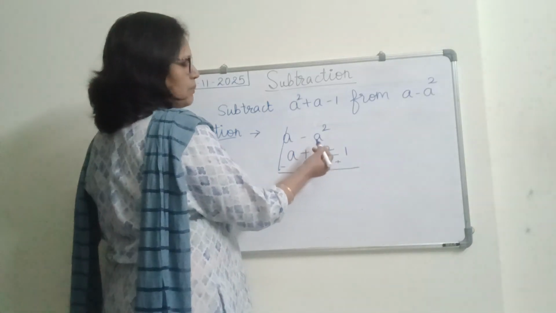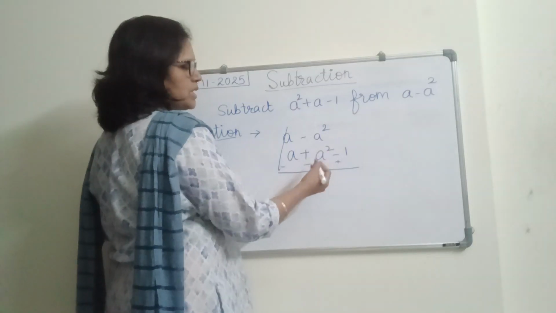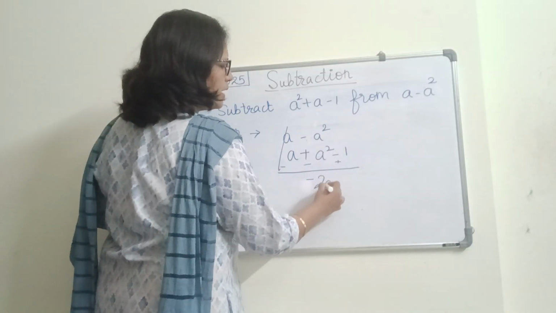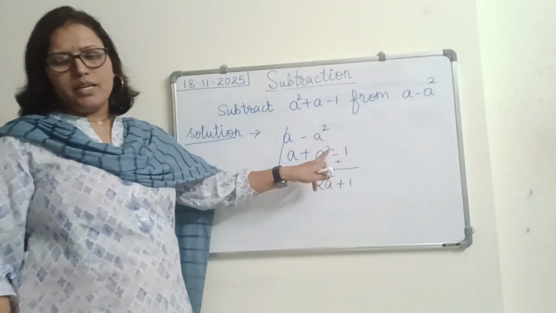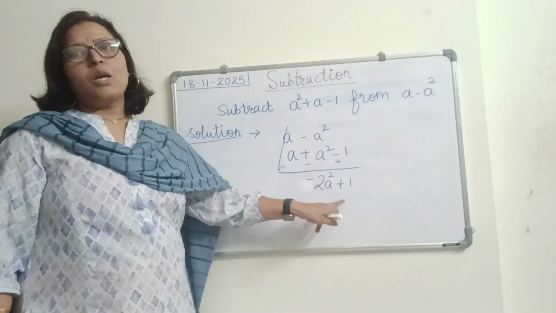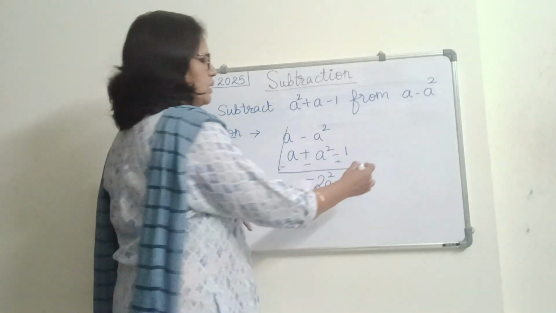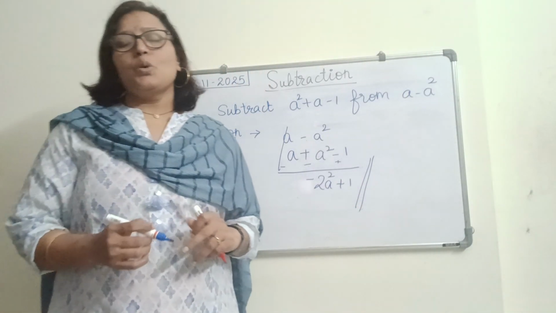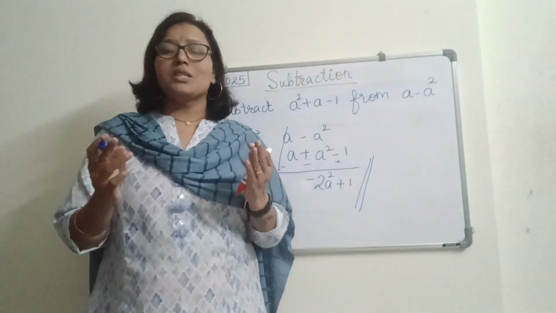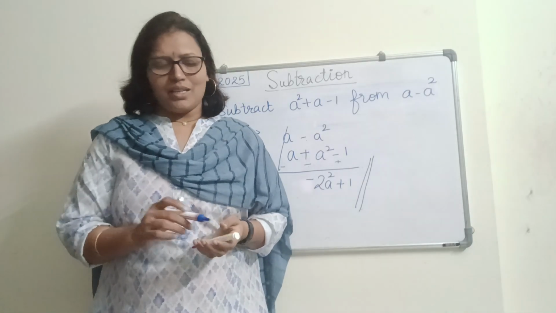Minus 2a square minus a square, that becomes minus 2a square, plus 1 because here the plus sign is there. So in this way you can do the subtraction of polynomials. Here many terms are there, but still you can do the subtraction.